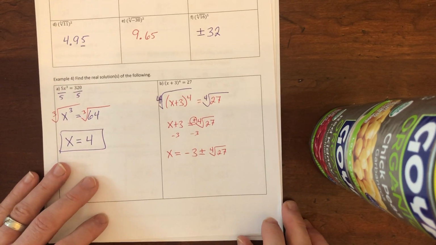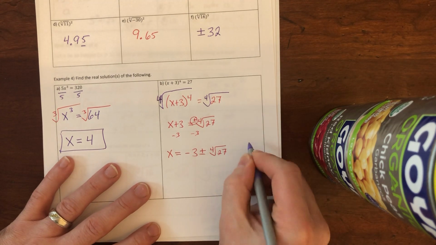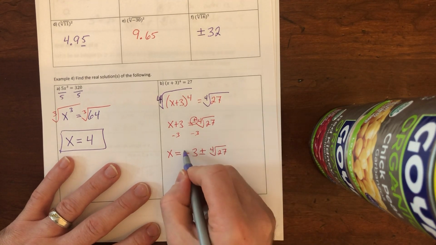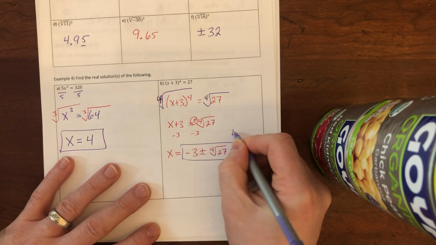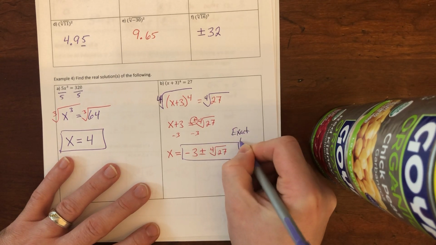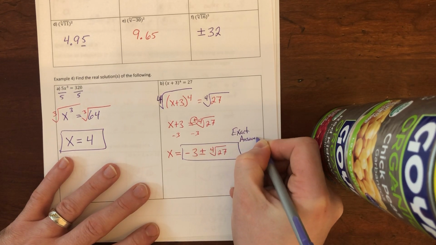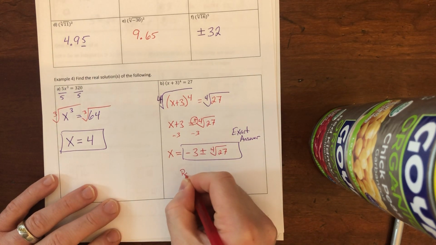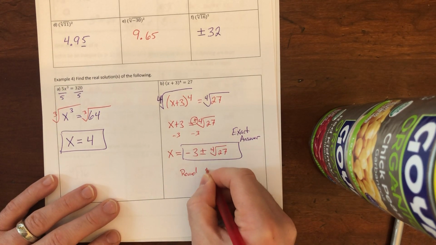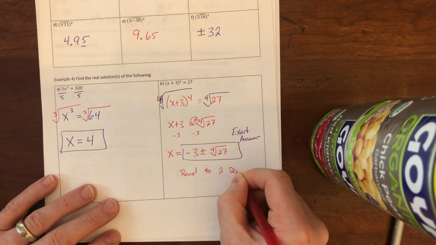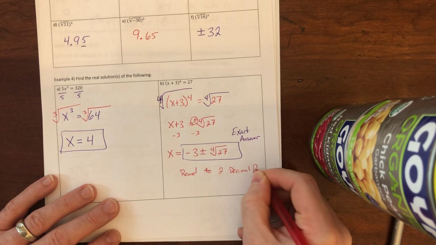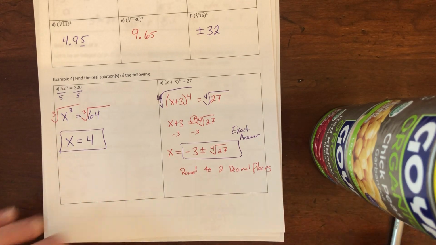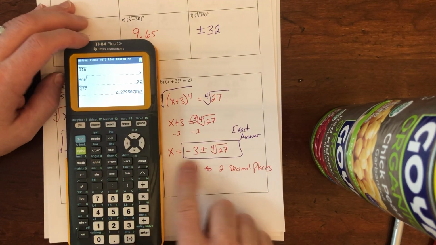All right, just something to understand here. If we ever ask you for an exact answer, this right here is your exact answer. All right, that means it hasn't been rounded or anything like that. All right, if we asked you to round to 2 decimal places, all you would do here is just type this in.